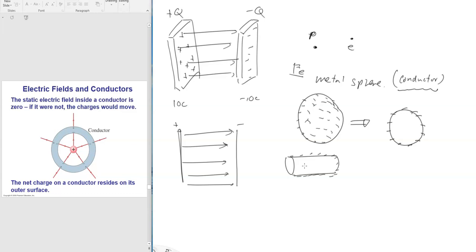There are some interesting calculations we can do to find the electric fields of these kinds of macroscopic objects, not microscopic. But for the time being, if it is a conductor, you can't place charges inside. They immediately move around and reside on the outer surface.